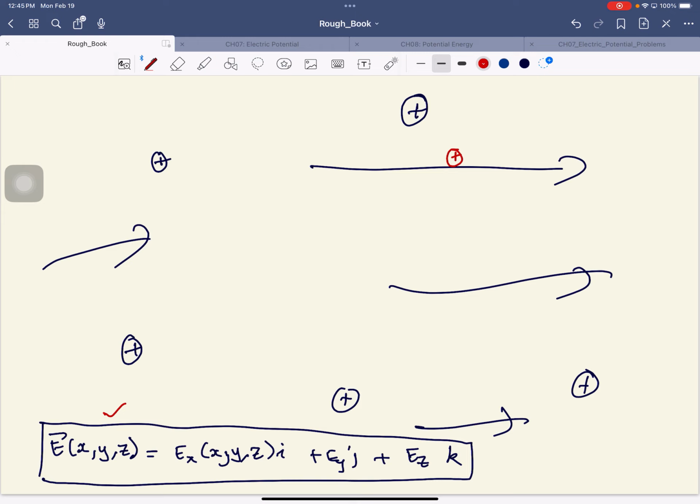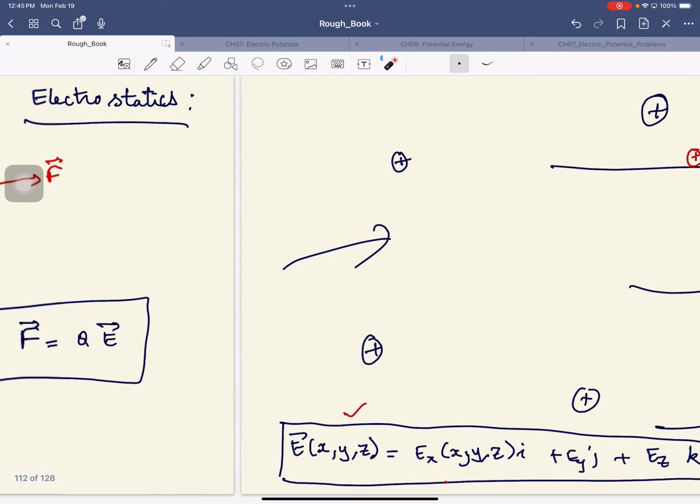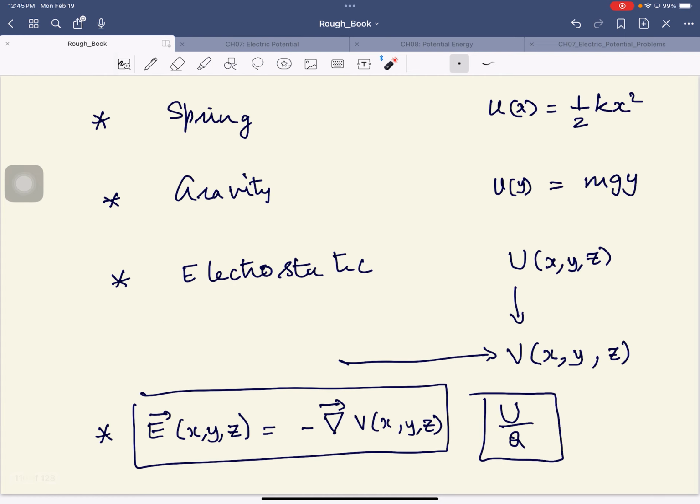So to know the electric field everywhere, you need to know 3 functions. All right, we're going to make life easier for you guys. Now if I give you this guy, what is this? This is a scalar valued function. That's just one function. A scalar valued function just spits out a number at a location.